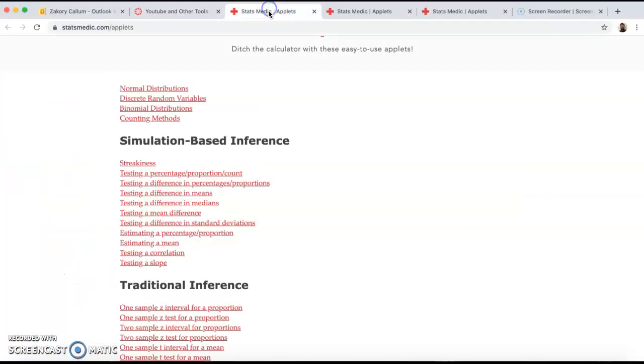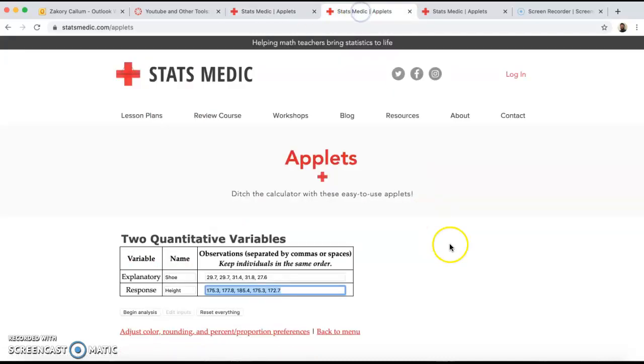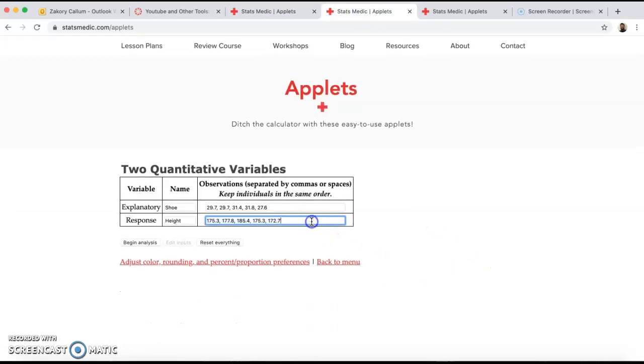It wouldn't matter which one I click on: testing correlation, testing a slope, or the linear regression t-test. Either one will take me to this page first. Here I can type in what the variables are. Again, it doesn't really matter which variable you put where. Explanatory is usually the x variable, and so I just went ahead and put shoe prints as the explanatory variable.